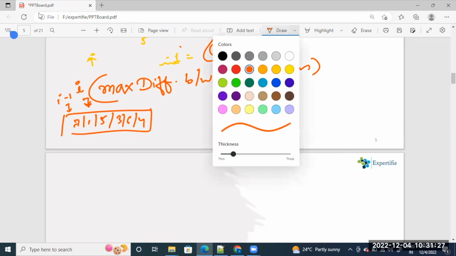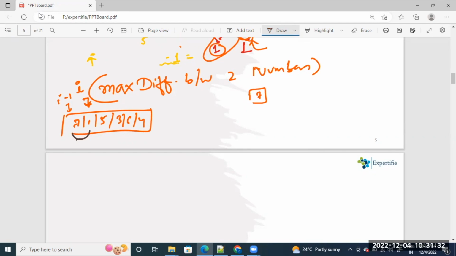For these two, are we getting any profit? 1 minus 7, no profit. Proceed further. 5 minus 1, are we getting any profit? Yes, 4 rupees.